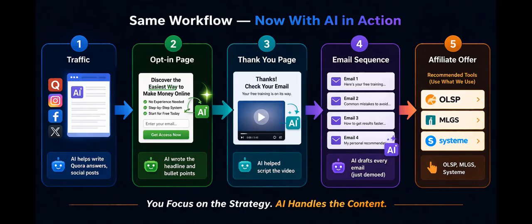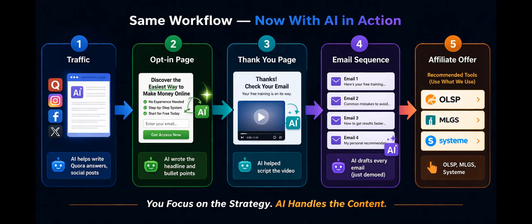So just to sum it up with a workflow, because it's probably better to explain than my sort of messy writing. We have the traffic, which AI is helping with. It's helping us to write our Quora answers and our social posts. And then AI will write the headline and the bullet points for our opt-in page, where we collect the email address. And then on the thank you page, AI is going to help script the video.